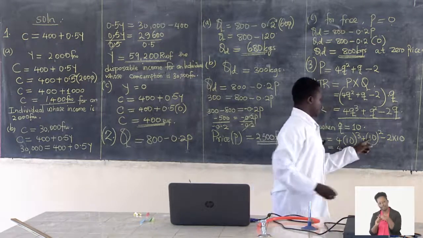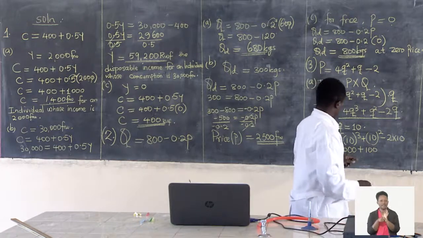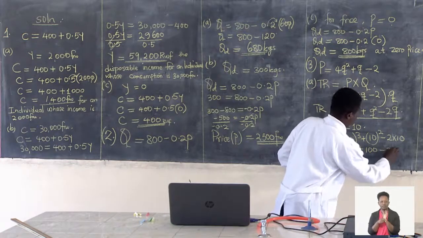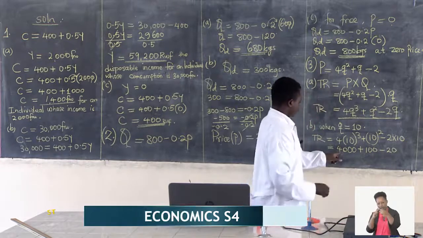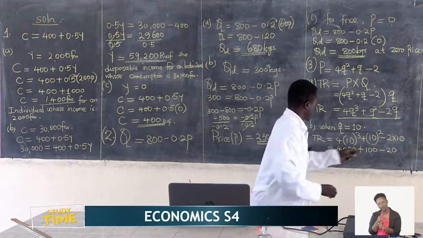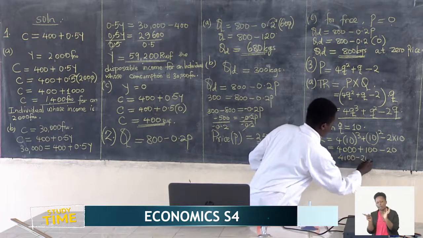Plus 10 squared, that is 100, then minus 20.